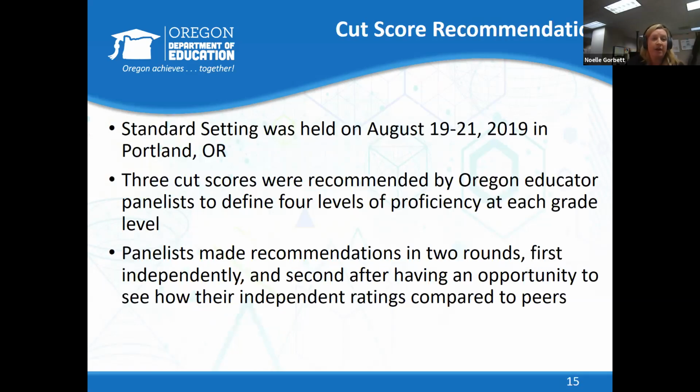And so we held a standard setting on August 19th through 21st in Portland. 3 cut scores were recommended by the Oregon educator panelists to help define the 4 levels of proficiency at each grade level. The next part of the process will be to take that information to the state board.